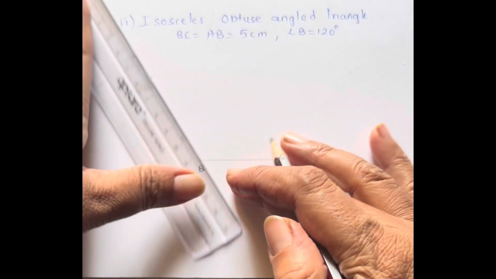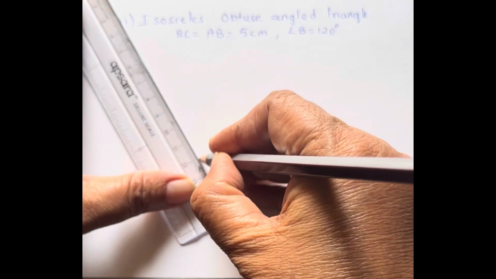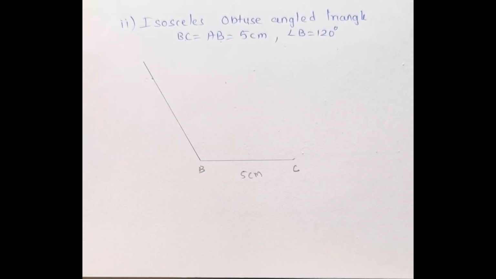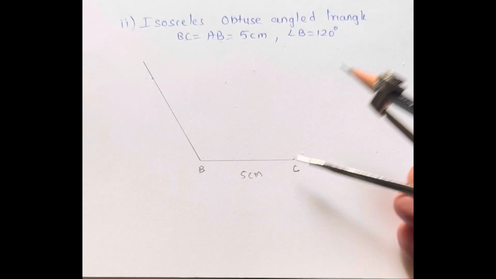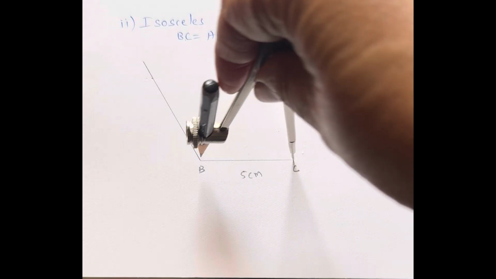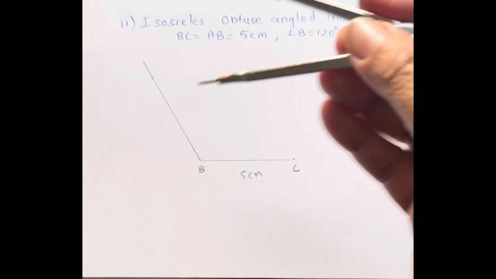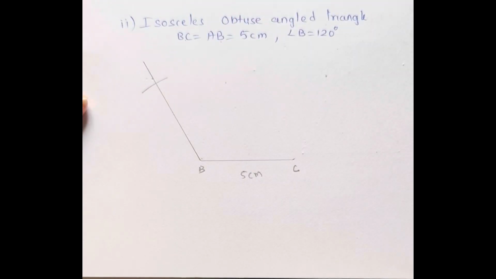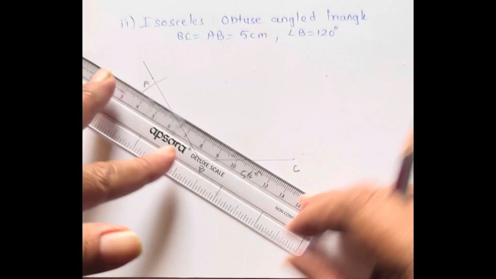And we join these 2 points. BC is 5, AB is also 5. So we take this as a center and cut an arc so that we get our point A. And then we can just join AC.